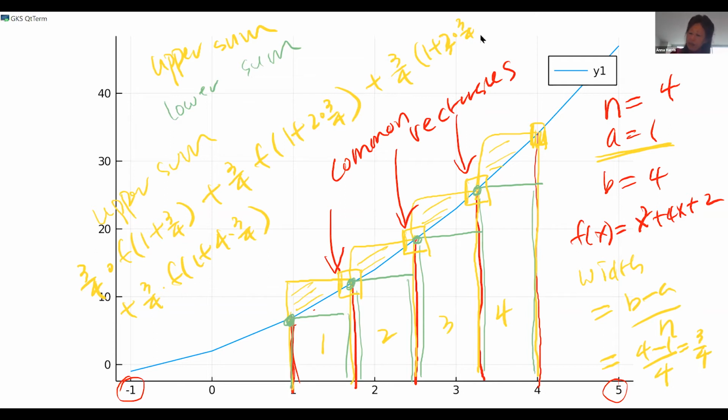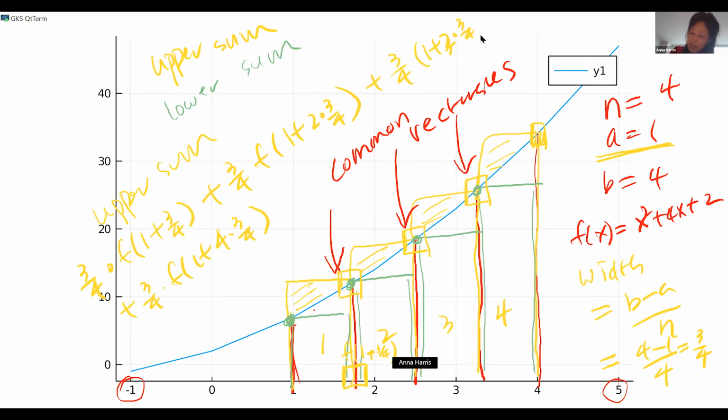Now look at the lower sum. As you can see, upper sum starts right here. That is f of 1 plus 3/4. Now look at the lower sum.